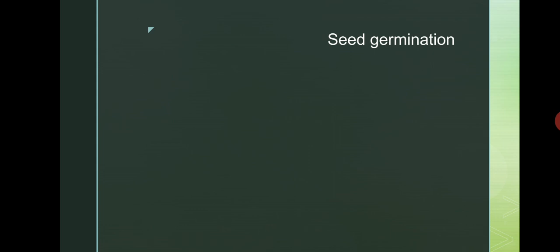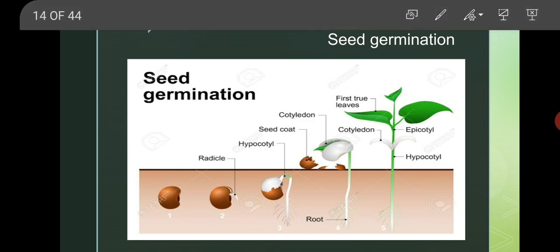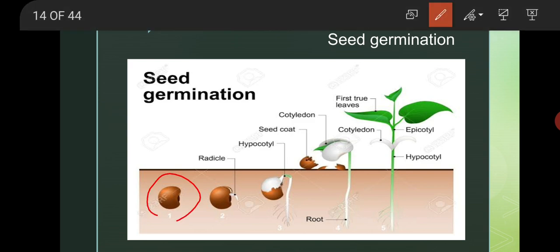Now, students, look at the picture and you will know about these different parts in the picture and the process of seed germination. Look. This is seed. When it germinates, radicle, that is embryonic root, comes out from the seed. Then hypocotyl, that is primary root, comes out from the seed. Then seed coat, it is completely extracted out.